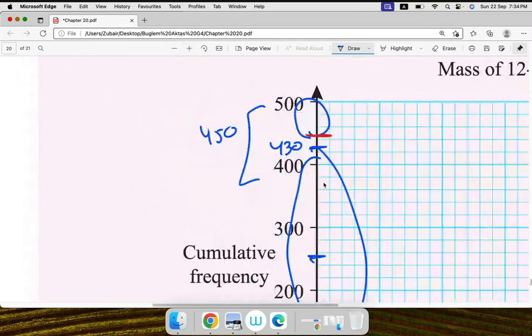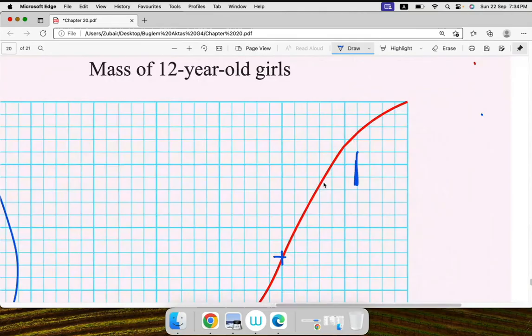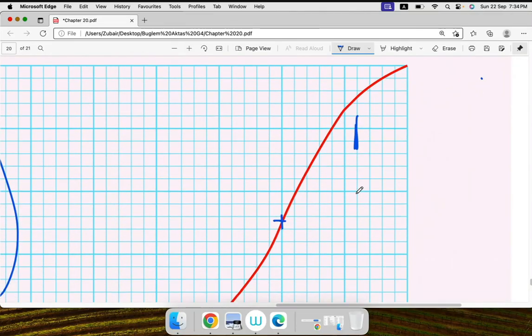Wait, let me zoom in even more. This point right here, and this is the full box. So you're saying this exact midpoint is 450. So you're saying it's above that.